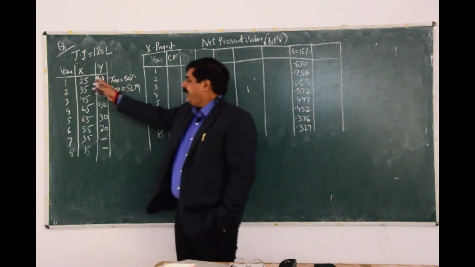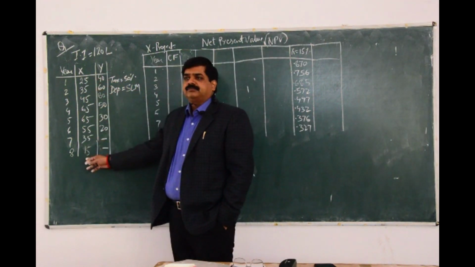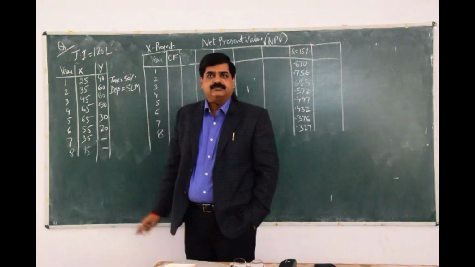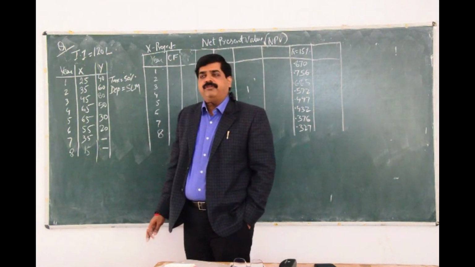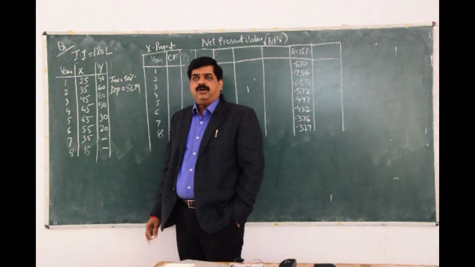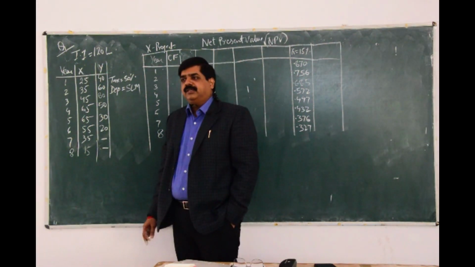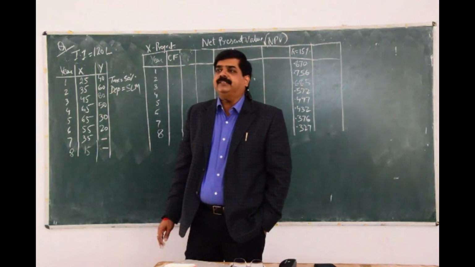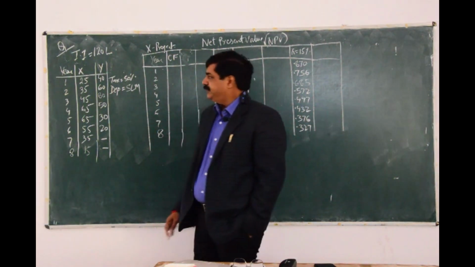The life of project X is 8 years and the life of project Y is 6 years. We have to decide on the basis of NPV which of the two, X or Y, has to be accepted.